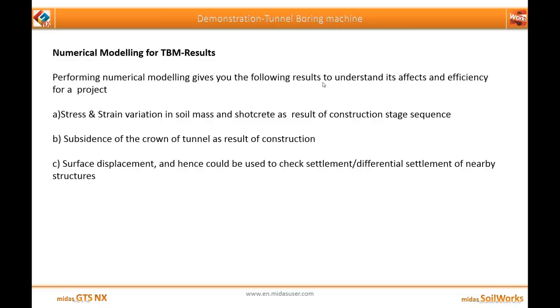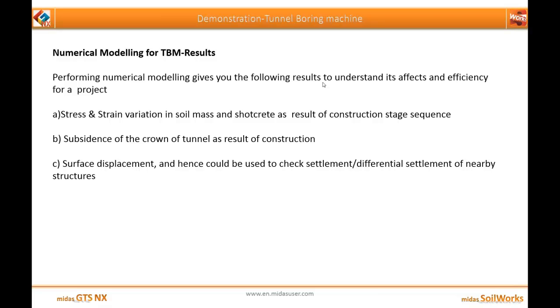Second is the subsidence of the crown of the tunnel as a result of construction, thus checking its feasibility. Third is the surface displacement, which can be used to check the settlement or the differential settlement of nearby structures. So this is how one can check what effect one is going to face while going for a tunnel boring machine or tunneling in a particular soil profile.